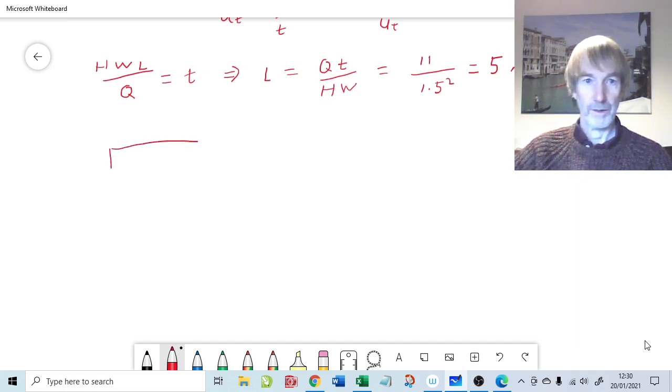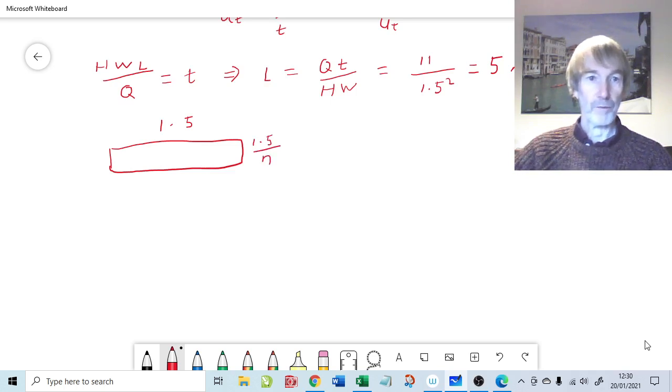quite squat. Okay, and we know that flow channel is 1.5 meters wide, and we know it's 1.5 meters high divided by the number of flow channels.